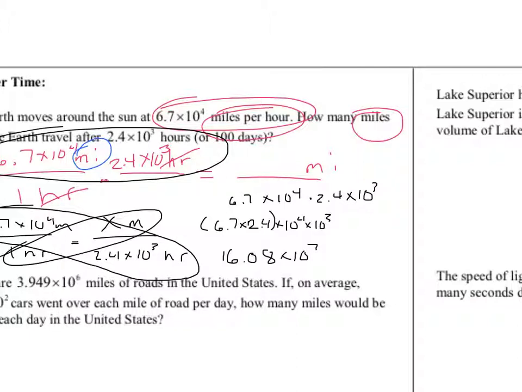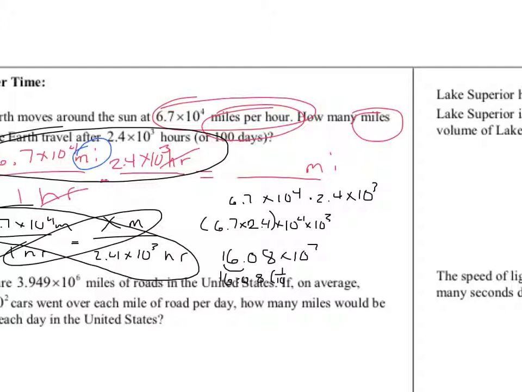Kip, yes or Kip, no. 16.08 times 10 to the 7th is in proper scientific notation. No. Okay, we should only have one number in the ones place. We shouldn't have anything in the tens place. So I need to fix this. I need to get the decimal to move to the left, which means I need a multiplication of 1/10. 16.08 times 1/10.